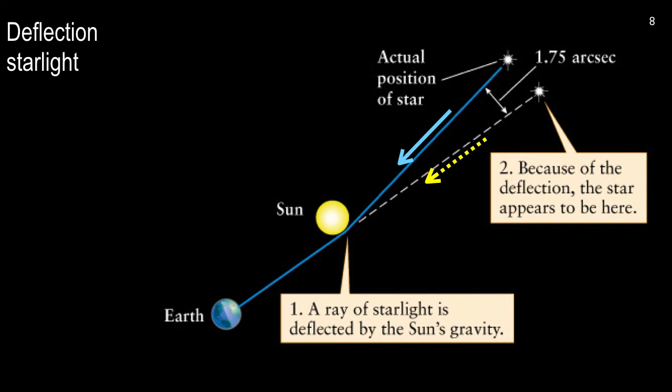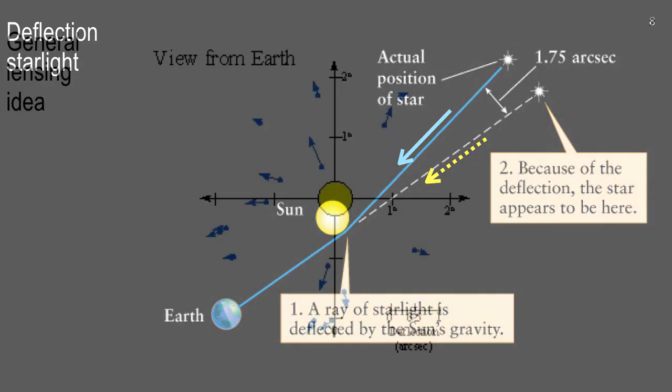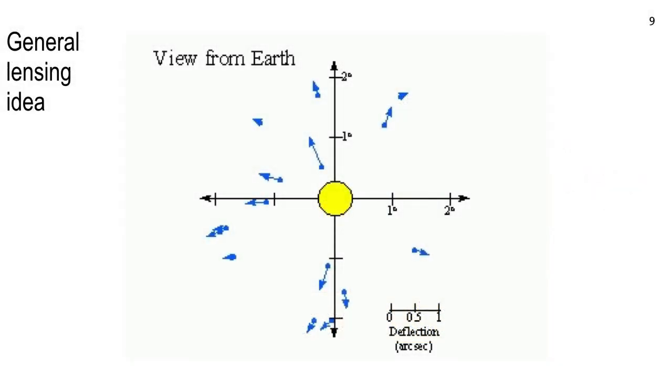So the general idea is here's another look at the general idea. This time you're looking at the sun, and the little blue arrows measure the deflection of starlight, in other words, from the true position to the apparent position of the star.